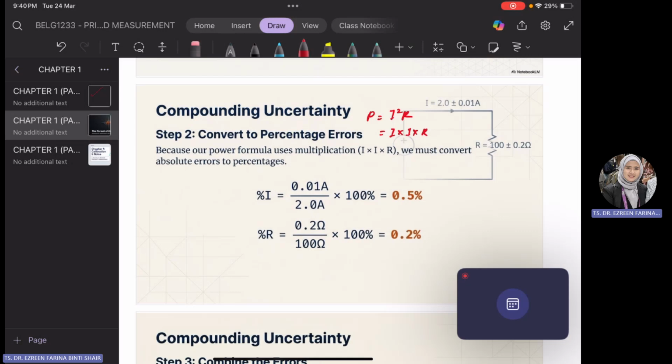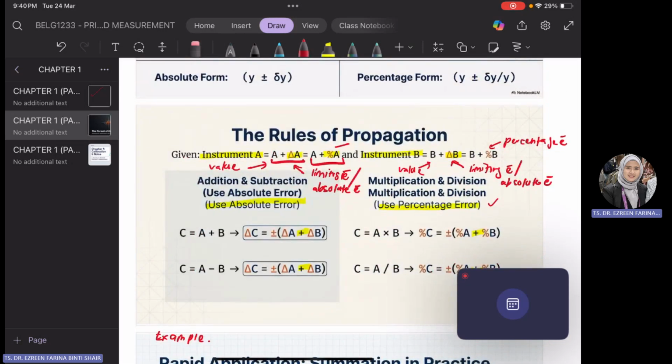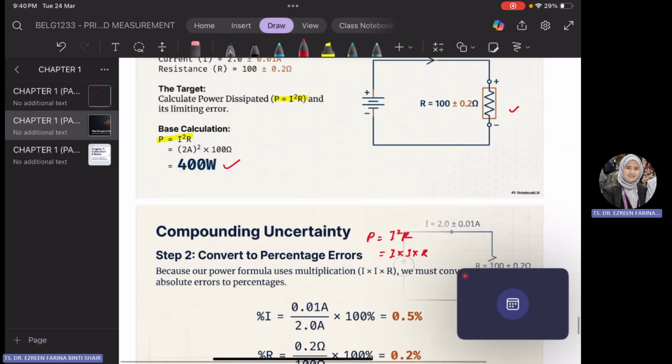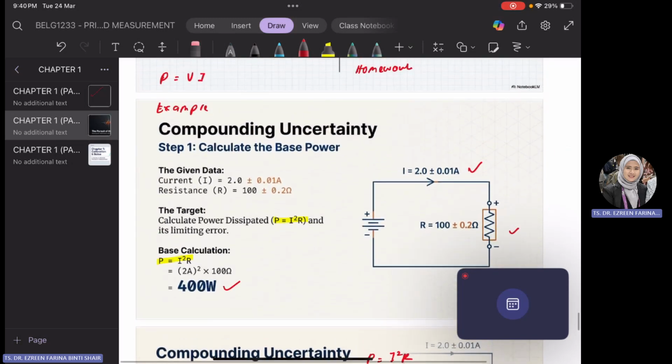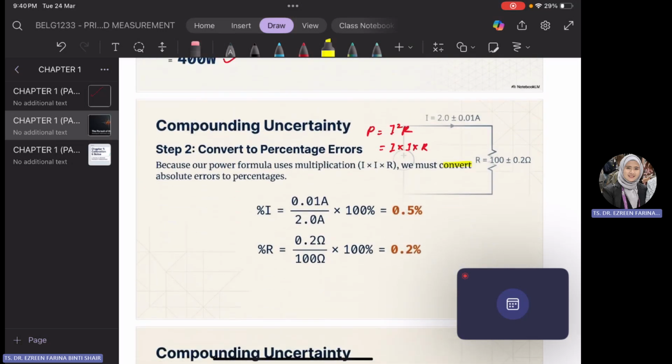For multiplication, we need to use the percentage error. However, in this question, the error given is absolute error. So first you need to convert the absolute error to percentage error. So how to convert?